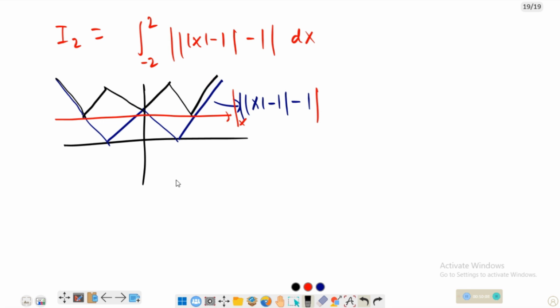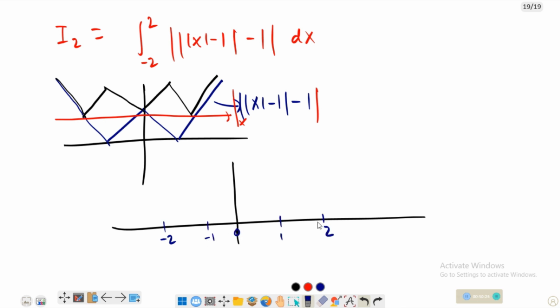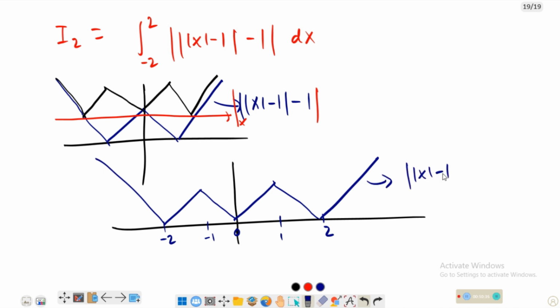So our original graph becomes like that. This is -2, this is -1, 0, 1, 2. This is our original function, mod x minus 1 complete mod, minus 1, complete mod. There are two triangles, each with area equal to 1.